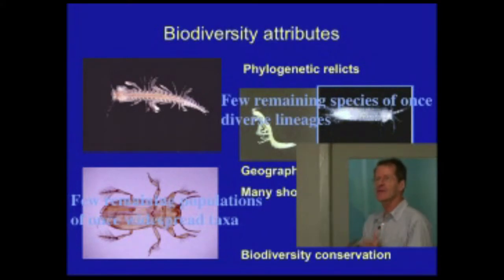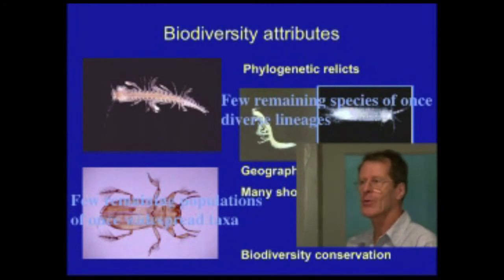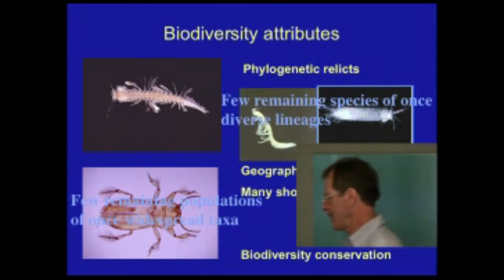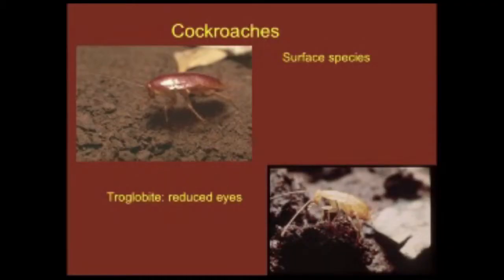I want to give some examples first of some terrestrial subterranean animals, and I'll go on to aquatic, and I'll stay with the aquatic thereafter. The left is the kitchen cockroach, the American cockroach that you squash commonly. The bottom right one has adaptation.